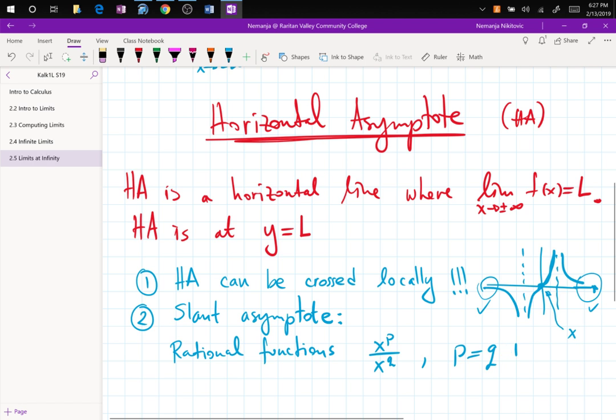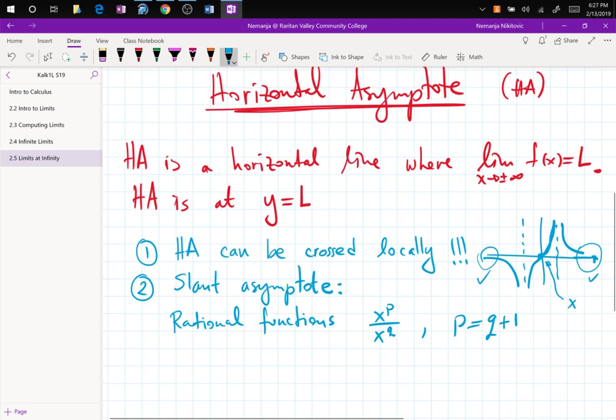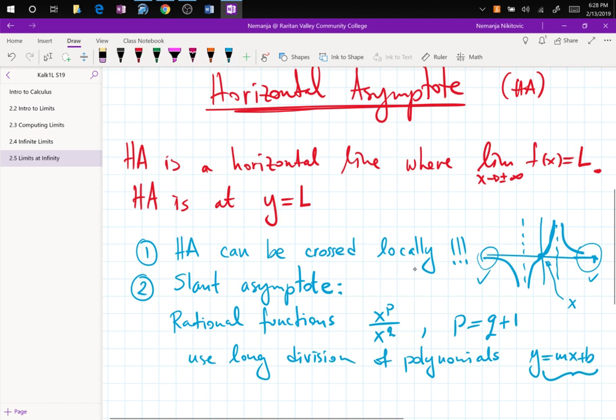So if the degree on top is 1 bigger than the degree on the bottom, we use long division of polynomials to get y equals mx plus b, which is the slant asymptote, SA. And again, we are going to use this a lot.